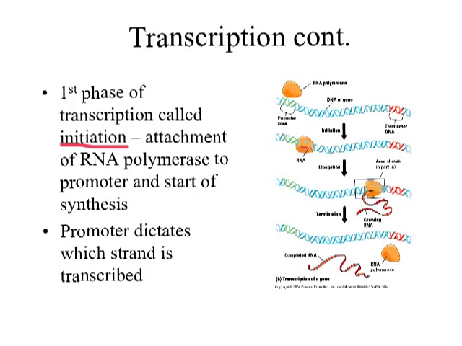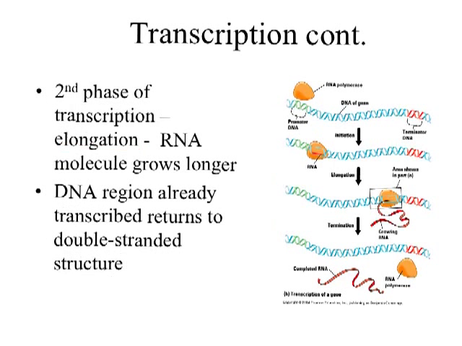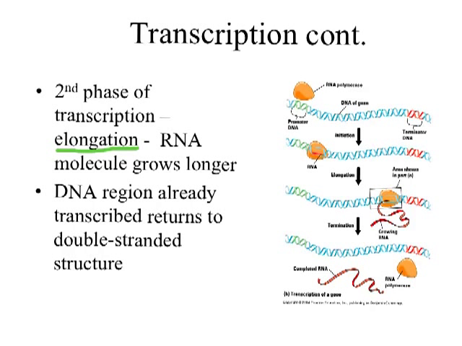The promoter will tell the RNA polymerase which one to copy. The second phase is what we call elongation, because as RNA polymerase goes down, unwinds the DNA, and starts making a copy of the specific DNA strand, an RNA molecule is going to start to grow or elongate. So that's why it's called elongation.